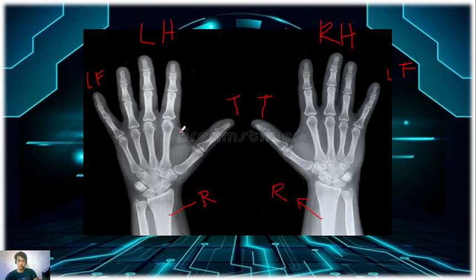On the other hand, we have another smaller bone in our hands. This one is called the ulnar bone, or ulna. Take note, so you won't be confused, just keep in mind that this is aligned with our little finger. So this is our ulnar bone, and on the other side, this is the ulnar bone for our right hand.